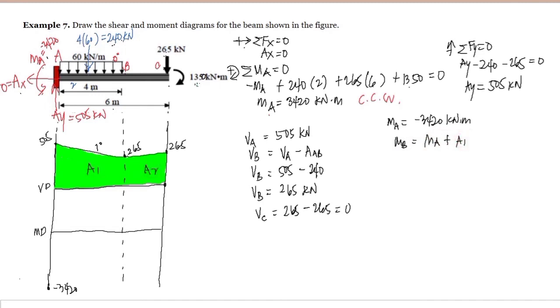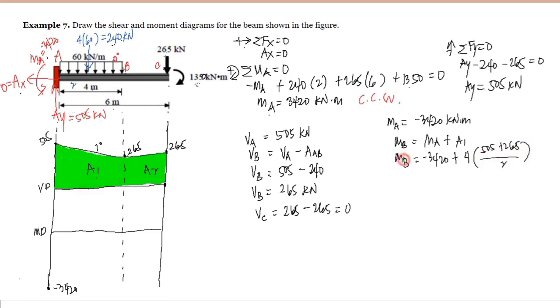So the moment at B is equal to negative 3,420 plus, why plus? Because these areas are positive. Area 1 is just the area of the trapezoid. We have the distance of 4 and the average of the bases, which are 505 and 265.